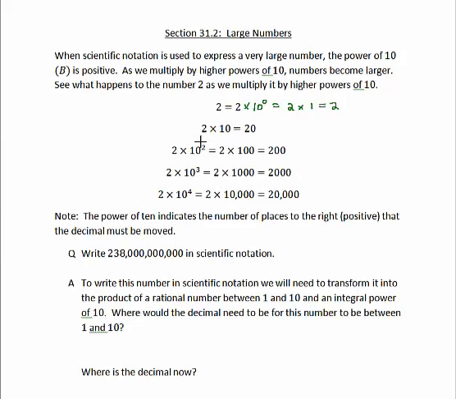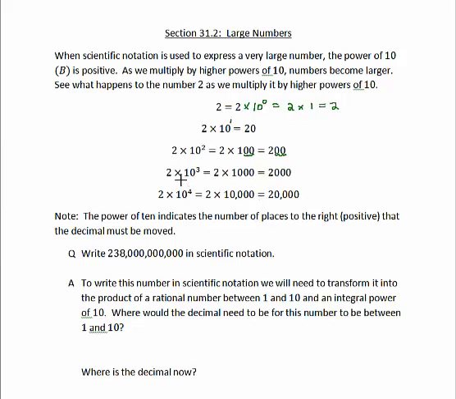Now, what if we multiply 2 times a 10, which is 10 to the first power? We get 20, and we could look at this as simply adding a 0 to the back of the 2. What about 2 times 10 squared? Well, 10 squared is 100, which has 2 zeros, so in effect, we take 2 and add 2 zeros behind it.